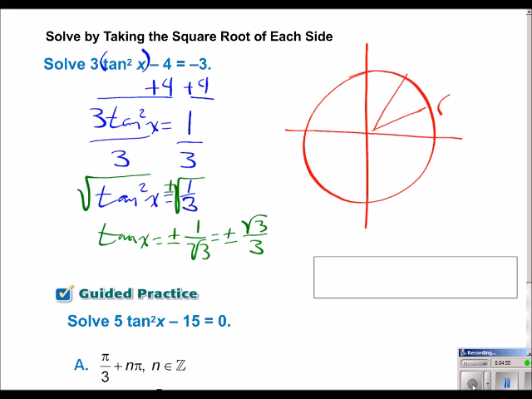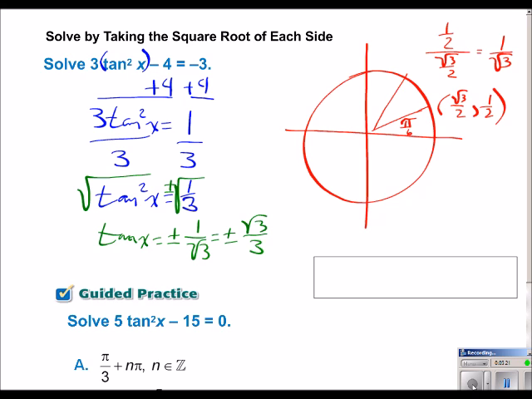So if we look at the pi over 6, we have radical 3 over 2 and 1/2. So if I think of sine over cosine, that would be 1/2 over the square root of 3 over 2, which is 1 over the square root of 3.